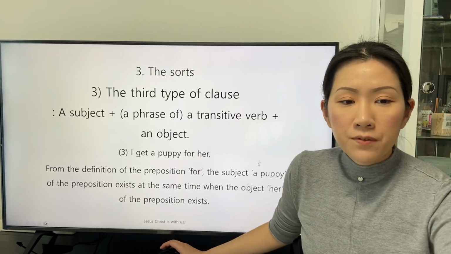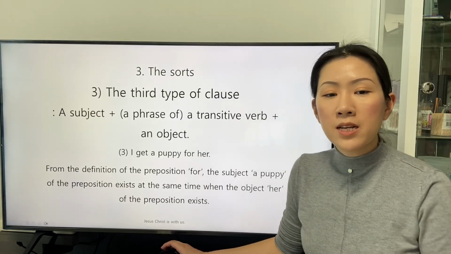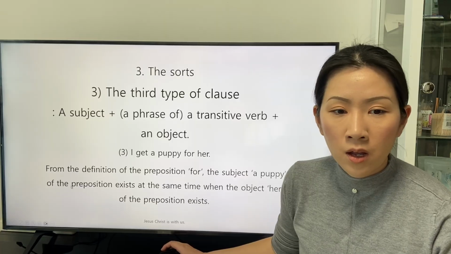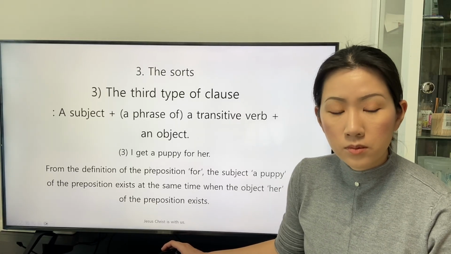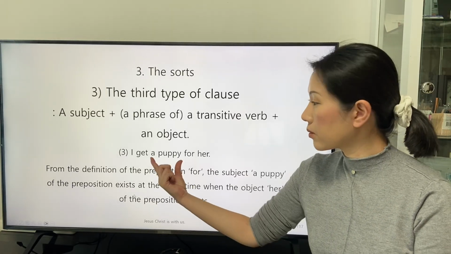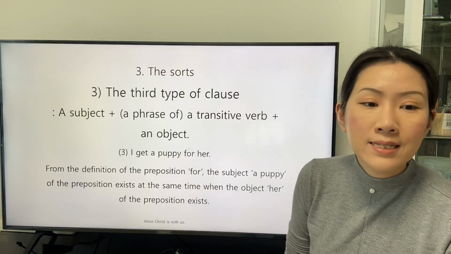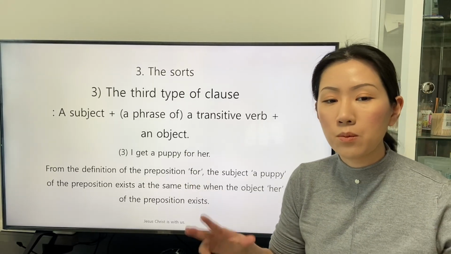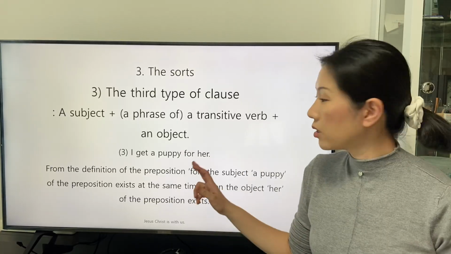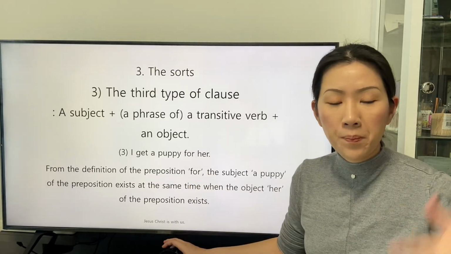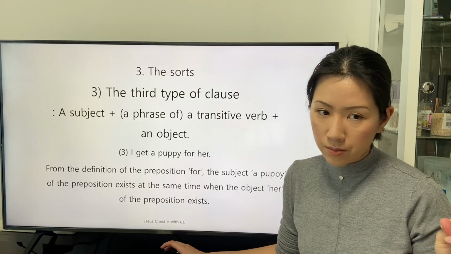From the definition of the preposition for, the subject, a puppy, of the preposition for exists at the same time when the object her of the preposition exists.